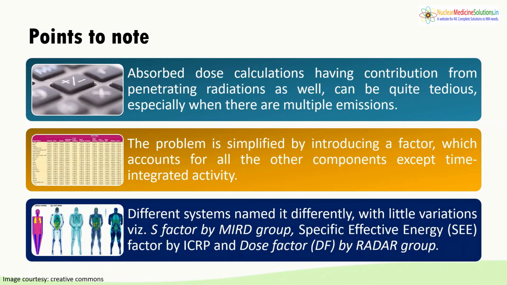There are different systems which made this factor with little variations from each other, like the S factor by the MIRD group, the C factor, that is the specific effective energy factor, which is given by ICRP, and the dose factor by the RADAR group. They have little variations among each other, but they all give all other components except cumulative activity.